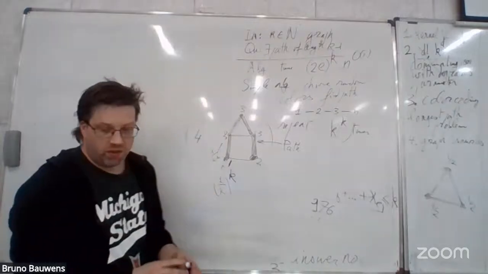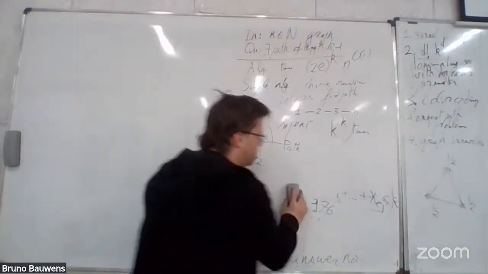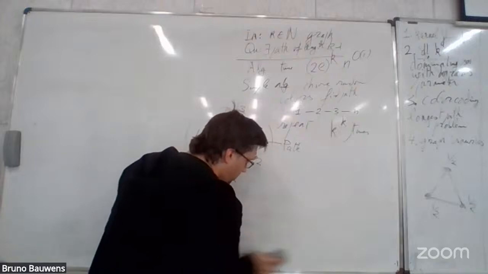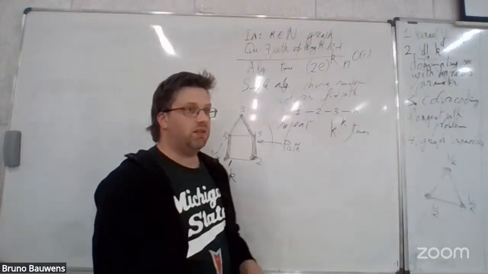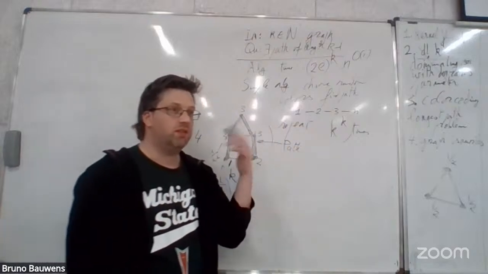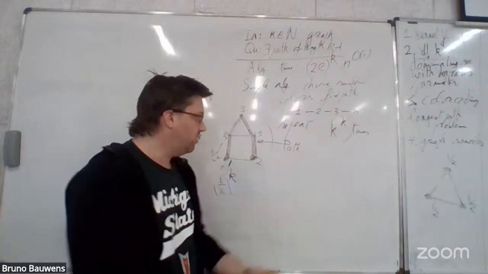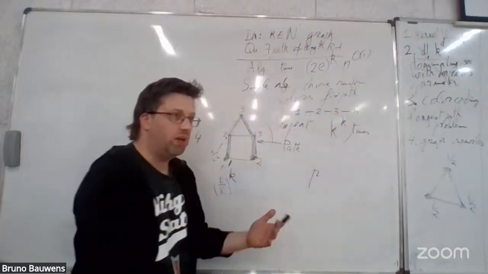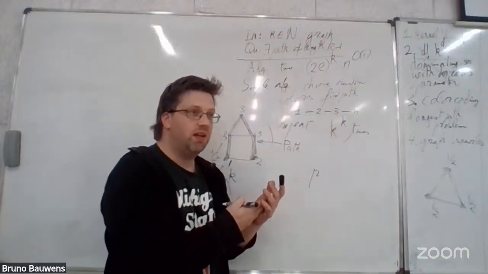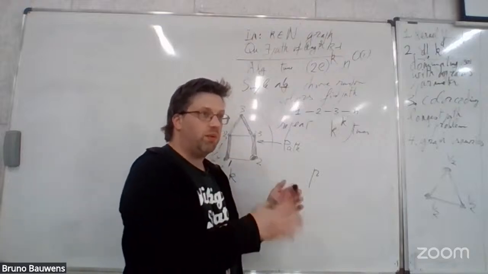Okay, and now we use a general statistics observation. If we want something with probability p, where p is a small number, to happen at least once, how many times should we try?